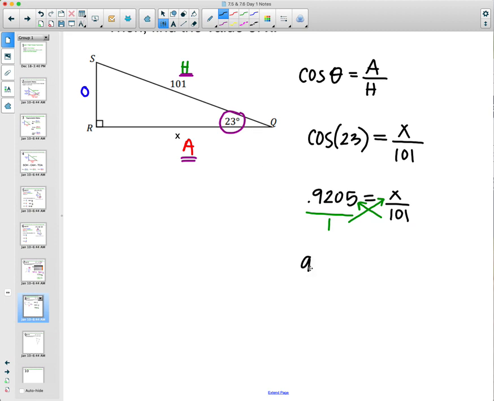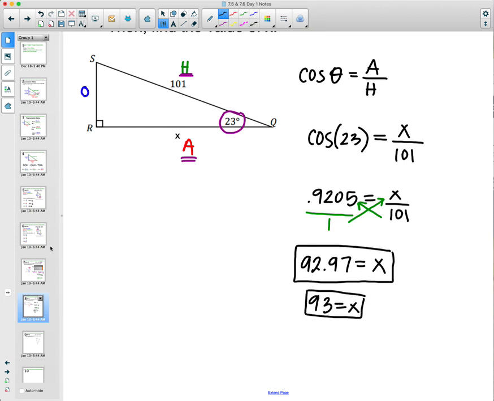So 92.97 equals 1 times x, which is just x. So that side is 92.97. If we were rounding to the nearest tenth, this would round the 9 up, which would actually round it to 93. So if we were rounding to the nearest tenth, we'd get 93.